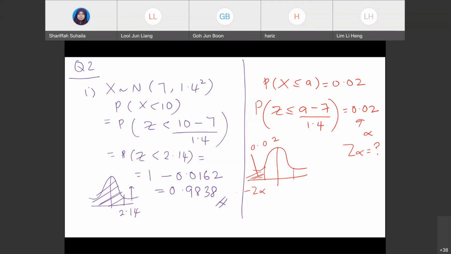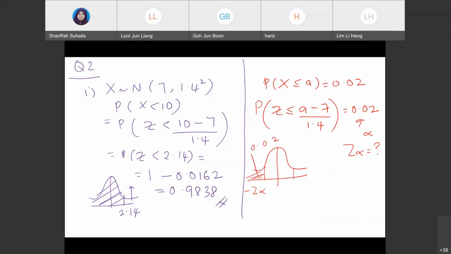Now you find your stats table. Alpha 0.02, what is the corresponding value for your Z alpha? Okay, 2.0537.